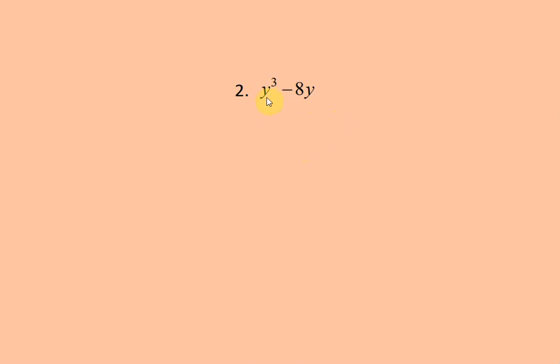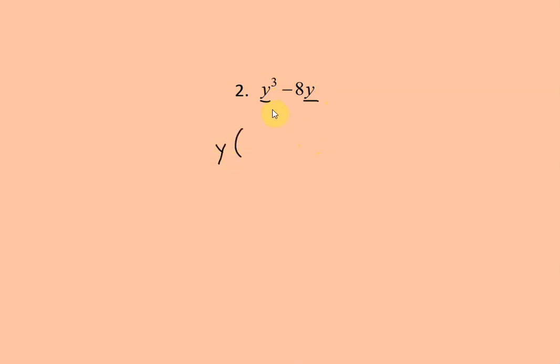So now if we look at the variables, this first term has a y and the last term has a y. So we want to take as many y's as we can. There's 3 y's in this term, but there's only 1 y in this term. So we can't take 3 y's out of the second term since there's only 1. So the most y's that we can factor out would be 1 y.